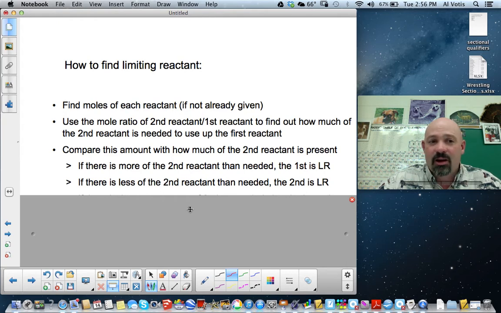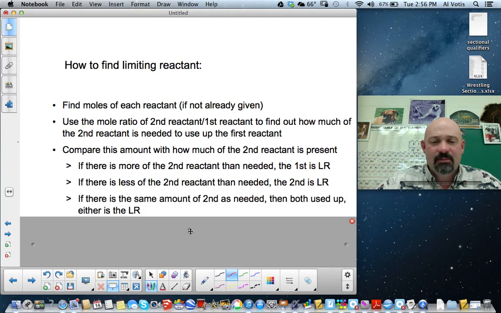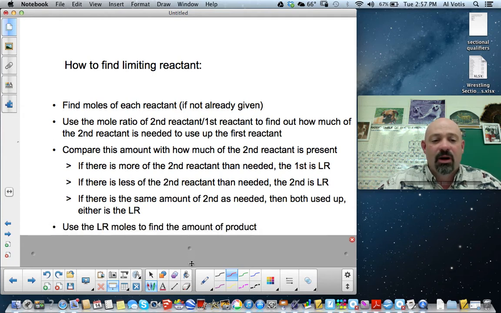I can only make 2 cars. Then tires would be my limiting reactant. So if you have less of the second reactant than what you needed by what you just found, the second is your limiting reactant. If they're the same, if how much you have and how much you need are the same, then it doesn't matter. They're both going to be used up in your reaction. You can use either one to calculate your product.